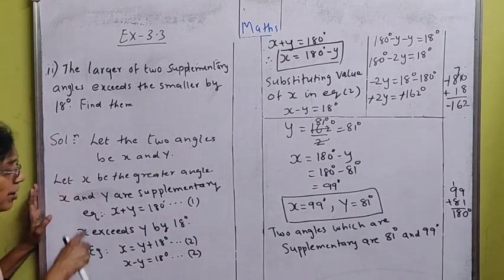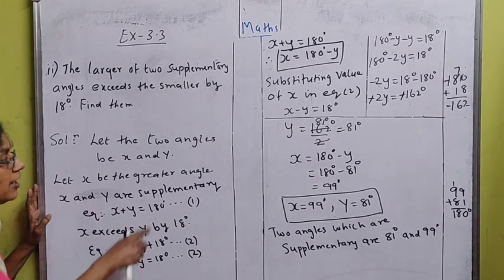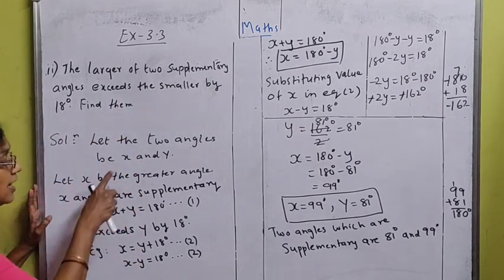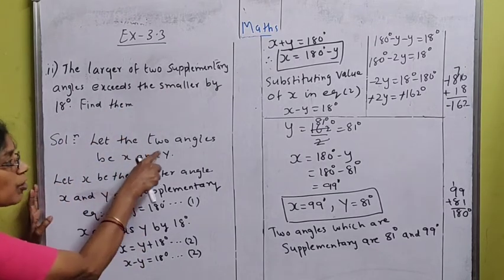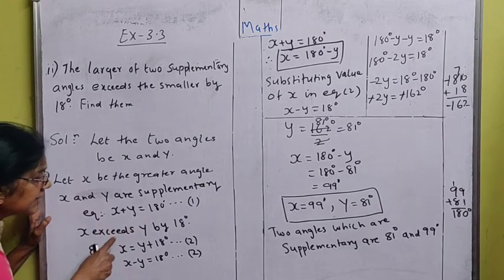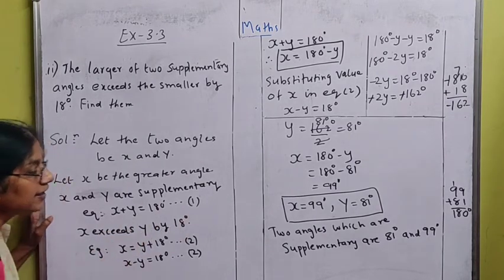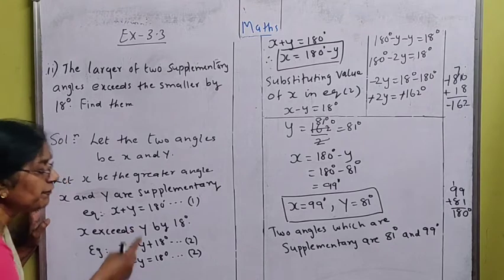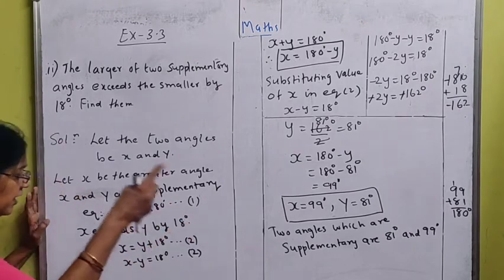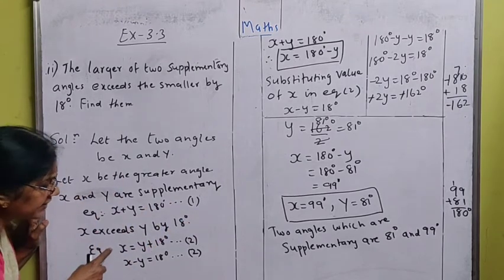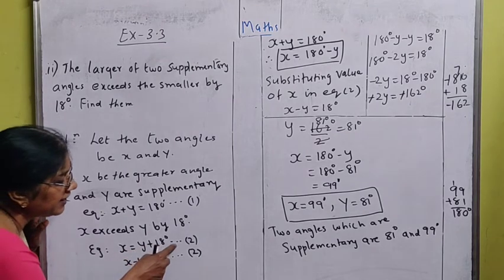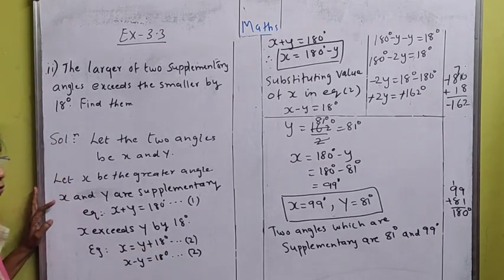The larger number exceeds the smaller number by 18 degree. Which is the larger number? x. Which is the smaller number? y. So x exceeds y by 18 degree. Means to y, if you add 18 degree, you will get the value of x. So x is equal to y plus 18 degree. That is equation number 2.